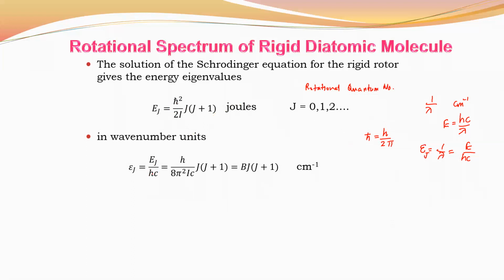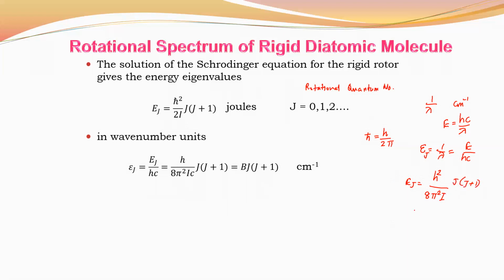Here hc is in the denominator. We know that Ej is equal to h square divided by 4 pi square into 2I, that is h square divided by 8 pi square I, into j plus 1.